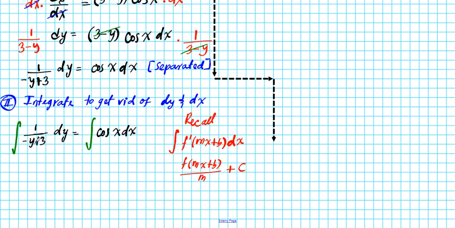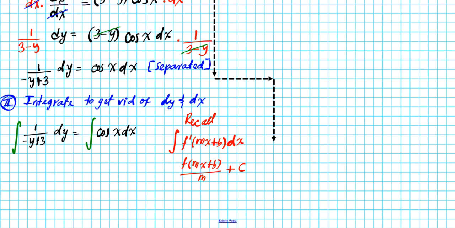So if you look at this function right here, this is a rational function composed with a linear function, negative y plus 3. So 1 over u, what function has 1 over u as its derivative? You can simply use the reversal of the differentiation rule.